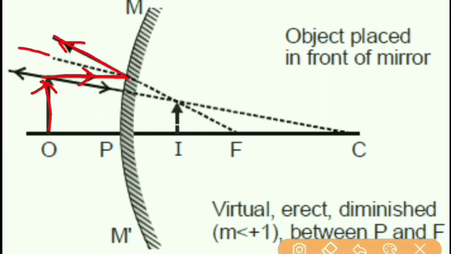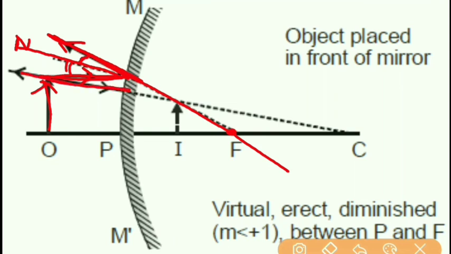This dotted line is nothing but the normal. So these two angles which are formed are equal. And so when this reflected ray is extended backward, it will pass through the focal point because the incident ray was parallel. Now one ray is directed towards the center of curvature.